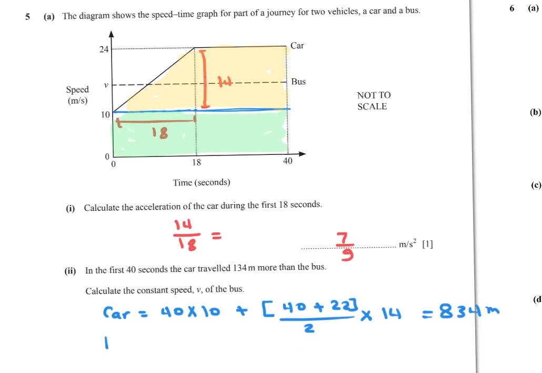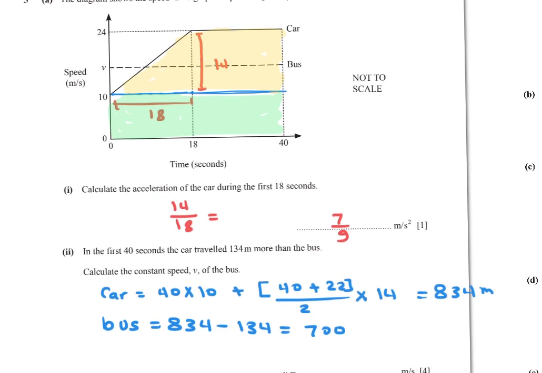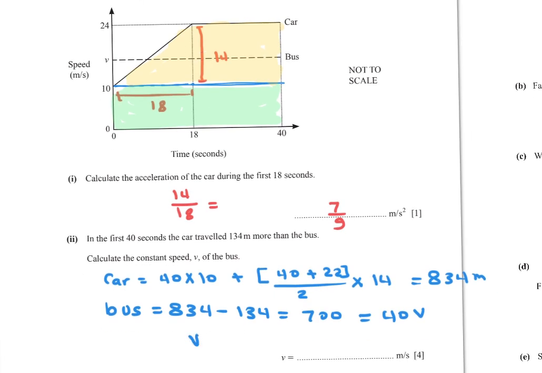Now the bus, 834 minus 134, which is 700. But from the graph, distance covered by the bus equals the area of this rectangle, 40 times V, so equals 40V. Now you can find V.